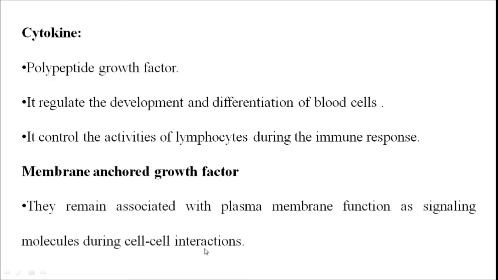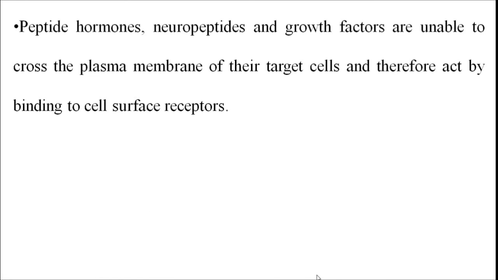These are associated with the plasma membrane and they function as signaling molecules during cell to cell interaction. So the peptide hormones, neuropeptides, and growth factors all are unable to cross the plasma membrane because of their hydrophilic nature, and therefore they act by binding to cell surface receptors.